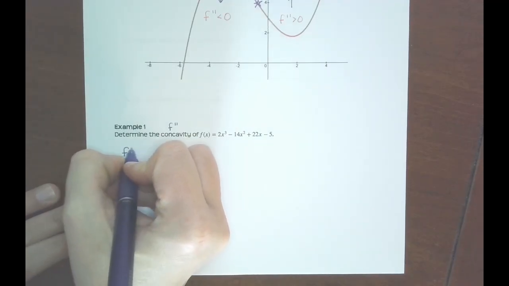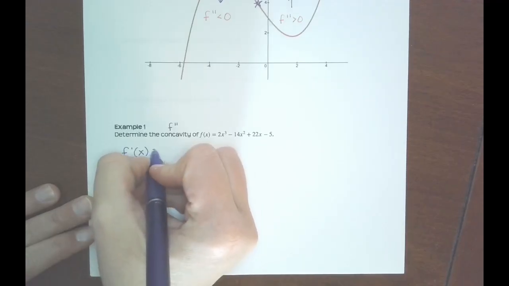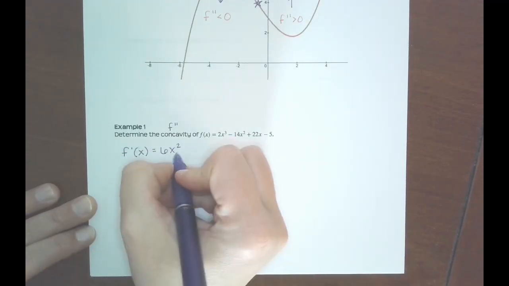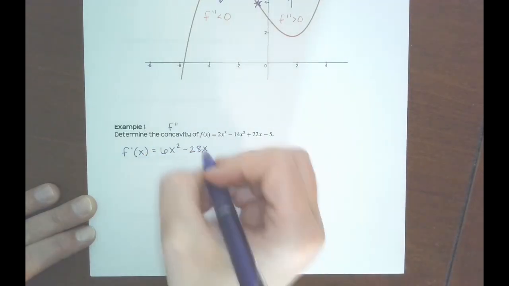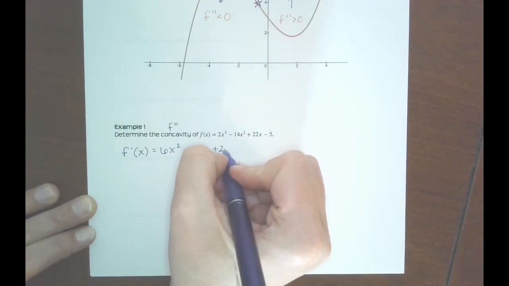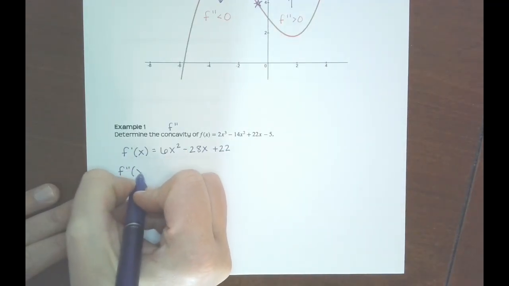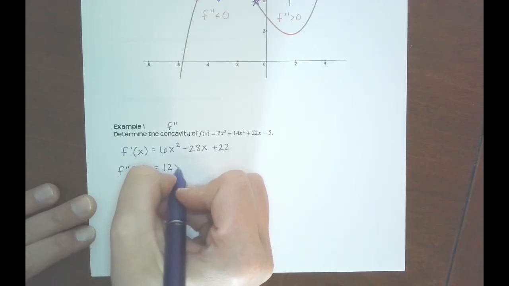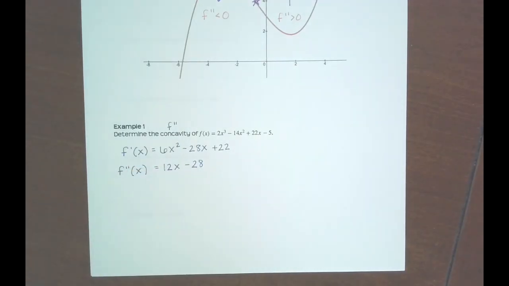So my first derivative would look something like 6x squared minus 28x plus 22. And then my second derivative would be 12x minus 28. That's just basic derivative rules.